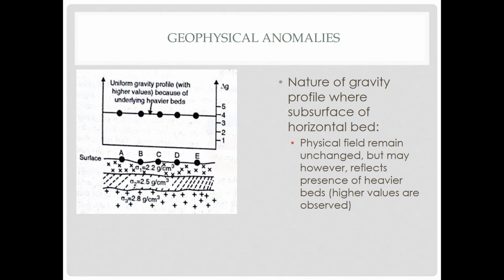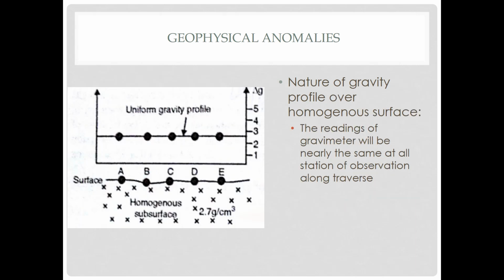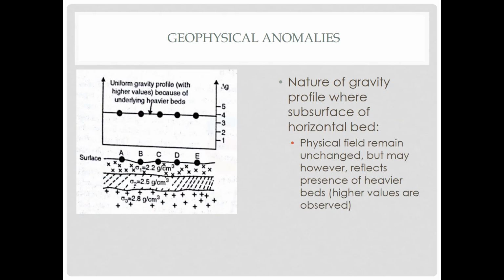Like the first one, we have a uniform material here. We have the homogeneous surface with the majority of material at 2.7 grams per cubic centimeter. So the nature of the gravity profile, where the subsurface has horizontal beds, there are beds of layers.